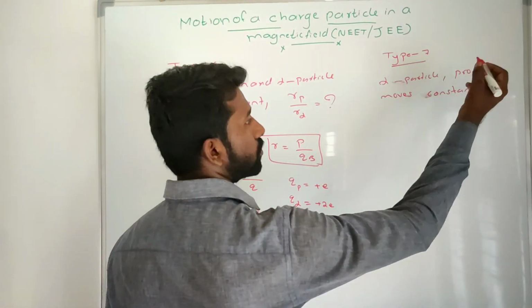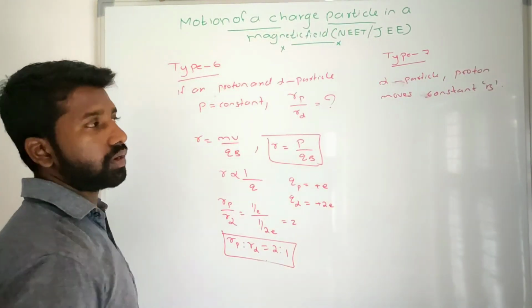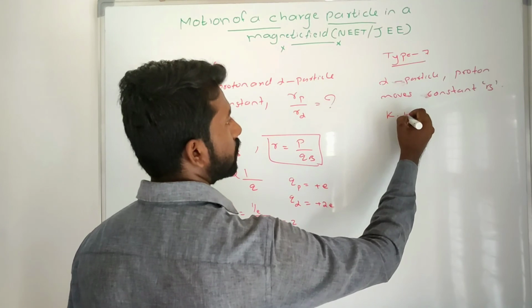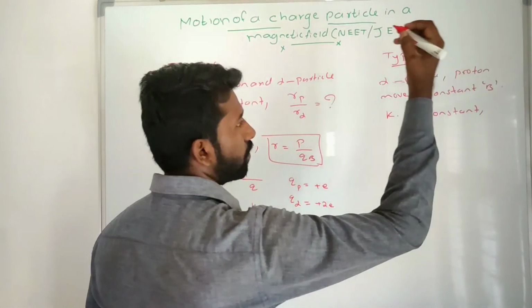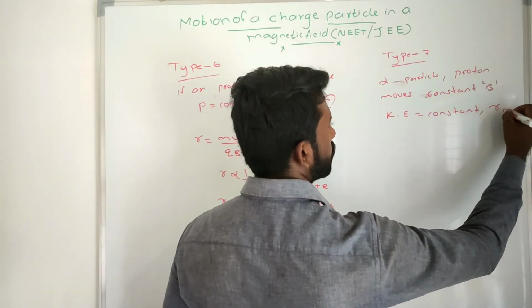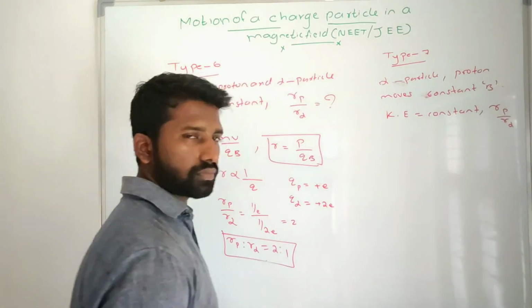That means they move in a uniform magnetic field perpendicularly with constant kinetic energy. Kinetic energy is to be constant. What about the radius ratio? We need to find it.